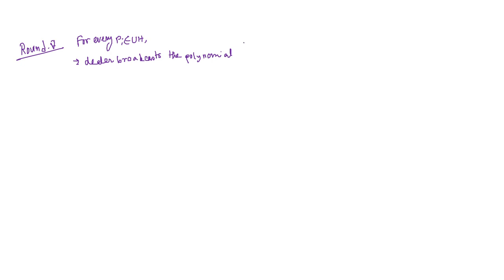But here in round 5 again, if Pi is found in the unhappy set, the dealer broadcasts the polynomial f of x, alpha I. So this is the row polynomial, and f of alpha I comma y is the column polynomial. So these values are now broadcast. Previously, these values were sent to Pi privately, but now these values are broadcast once Pi is found in the unhappy set.